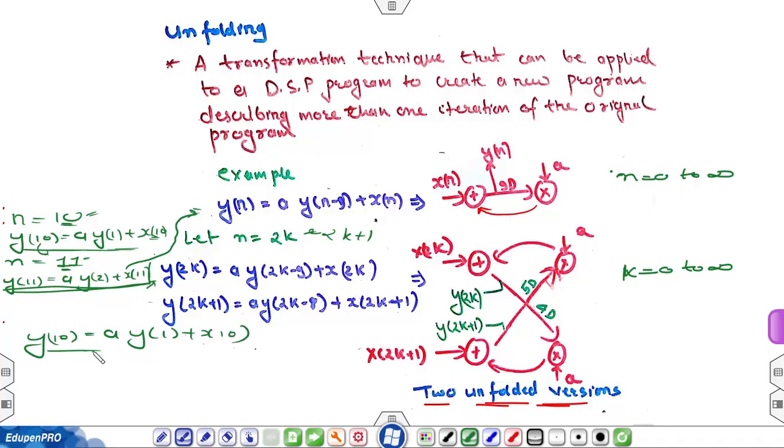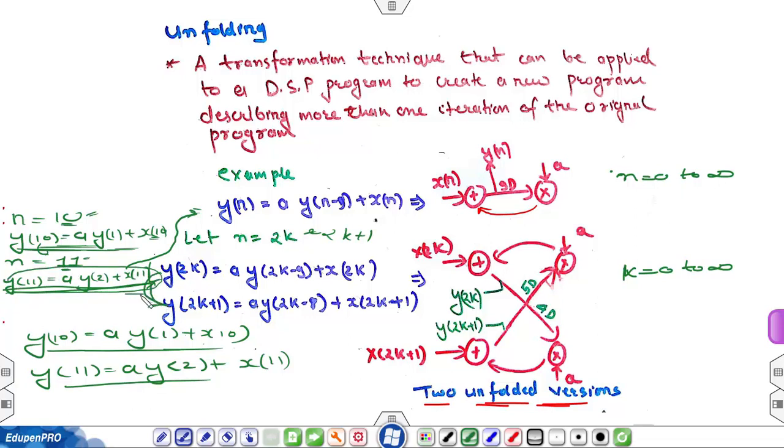So this equation is the same as this equation, and y[11] is equal to a·y[2] + x[11], and this equation is the same as this equation. So these two equations together are describing two consecutive iterations of this program, and the block diagram representation for these two equations is shown here.